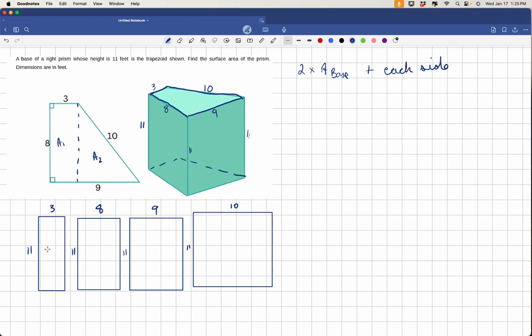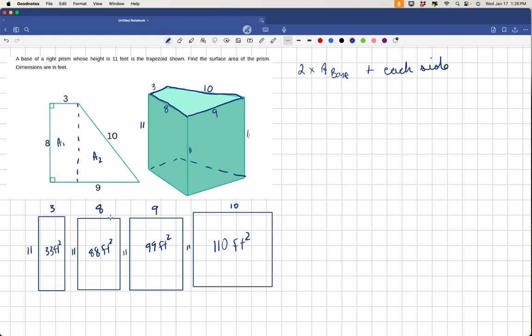So 3 times 11, that'd be 33 feet squared. 8 times 11 would be 88 feet squared. 9 times 11 would be 99 feet squared. And then 10 times 11 would be 110 feet squared. So that's all of the sides. You just add all of the sides all the way around together. The other way to do that is to add all of these together and multiply it by 11.